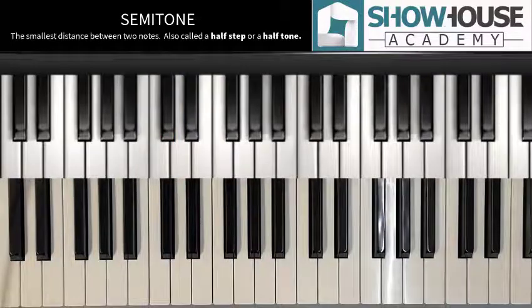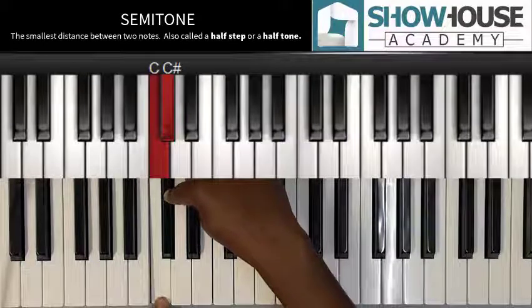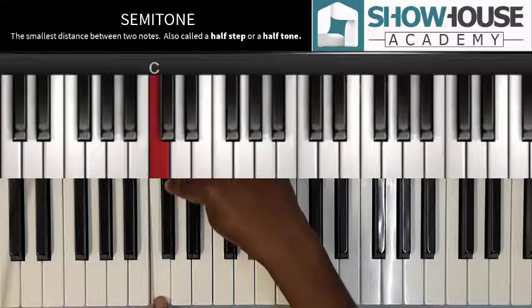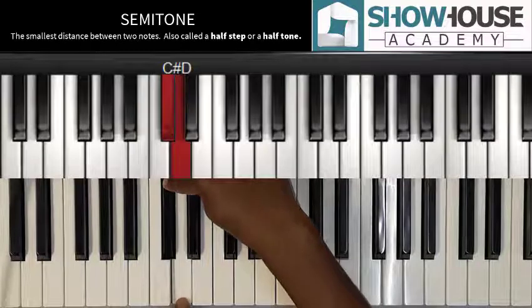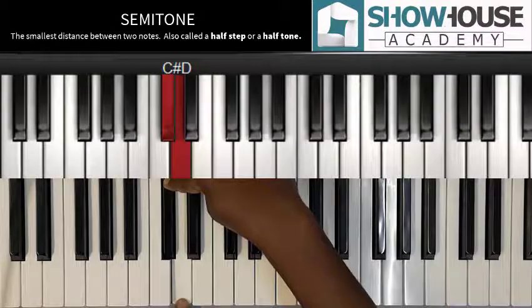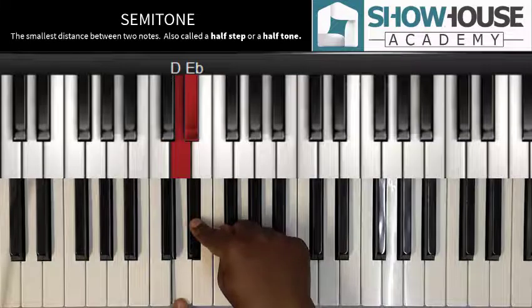All right. Now that that's out of the way, let me demonstrate what I mean. If I move from C to C sharp, that's a semitone movement because I'm moving from one note to another and I haven't skipped any notes in between. There is no note between the two of them. Then from C sharp to D, that's another semitone movement. From D to E flat, another semitone movement.